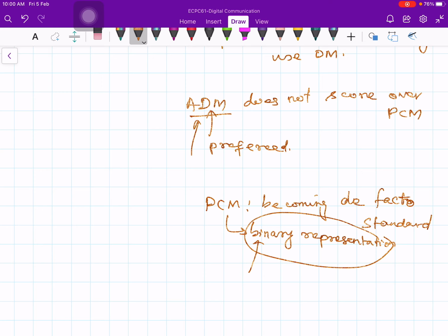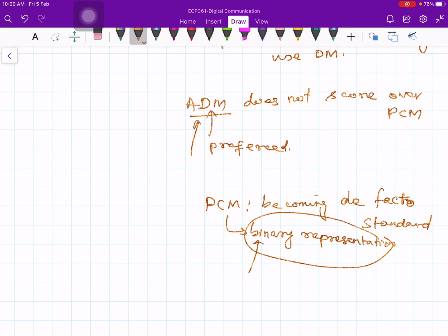The natural output of pulse code modulation is binary. But this kind of representation is not available in the delta modulator, because in a delta modulator the representation is obtained in a rather indirect way. The delta modulator output is not the binary representation of the sampled value. Therefore, there is no direct correlation between the bits coming out and the sampled values.